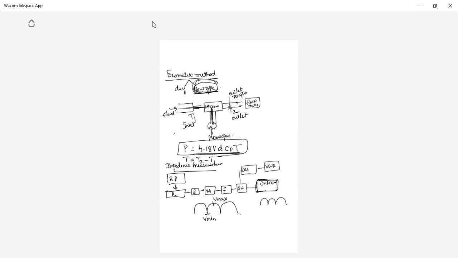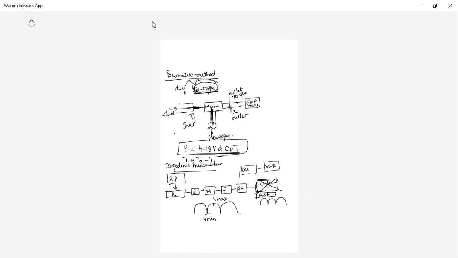Now, instead of the unknown load, you replace it with a shorted load. In the second case, the setup is the same, with the shorted load. Again you find the V minimum and the standing wave pattern you are getting.